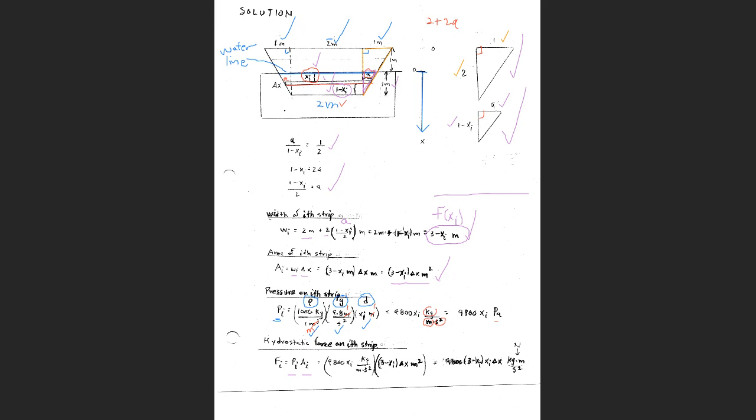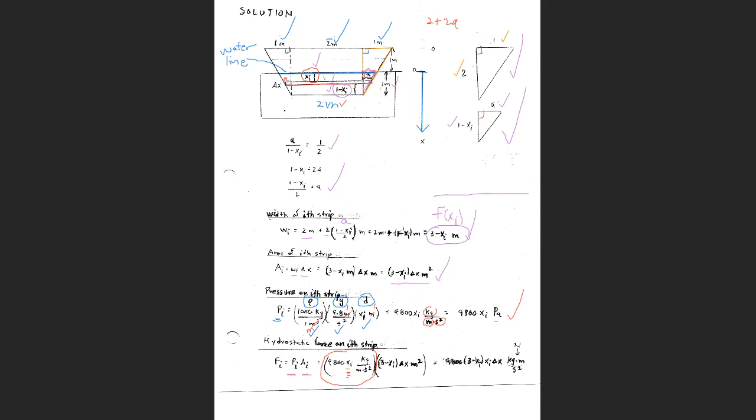Now that we have the pressure, we're ready to compute the hydrostatic force on the ith strip. I take the pressure on the ith strip, and notice it's a function of xi, the distance that strip is from the water line.